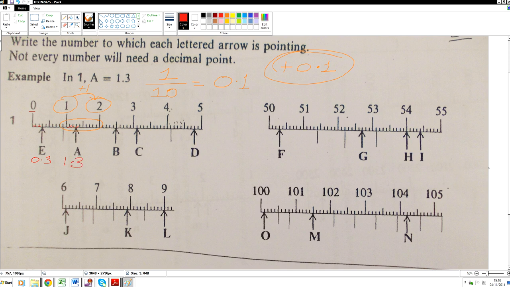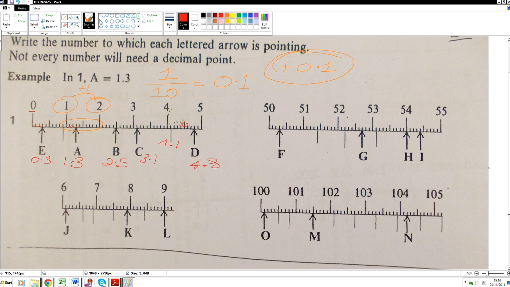Starting at 2, it's 2.5. And C is 3.1. And this line over here is 4.1. And this line over here is 4.9, no, 4.8 if you read it carefully. So 4.5 is in the middle over here. What about P? That'll be there.